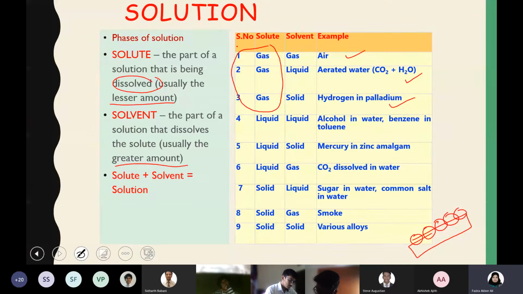That is what is taken as an example, hydrogen in palladium, where palladium is more in amount compared to hydrogen. So that is the first three cases where the solute is in the gaseous state, in combination with the other two types, liquid and solid state.